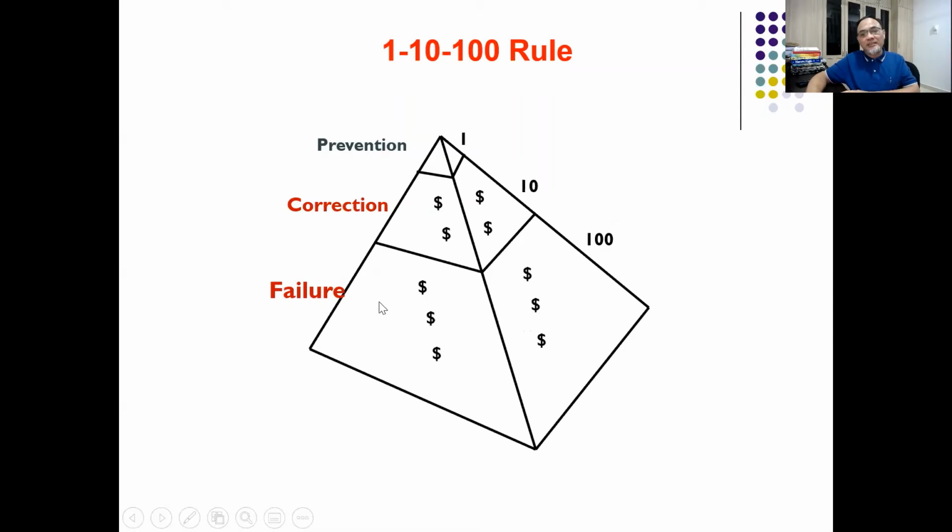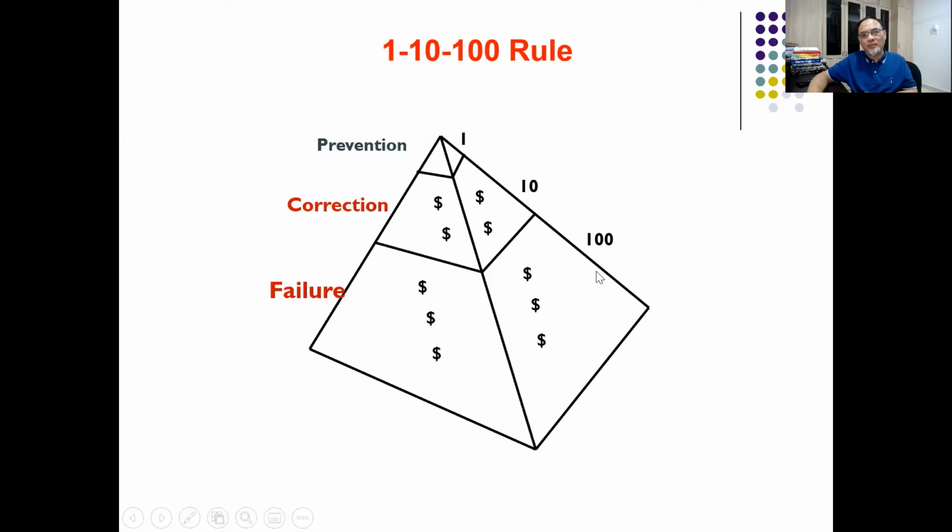And of course, if it is not related to any of this, it's not a quality cost. Now, this is the 1:10:100 rule. For every single dollar that you spend on prevention will result in $10 of correction, and $100 of failure costs being able to be detected or prevented.